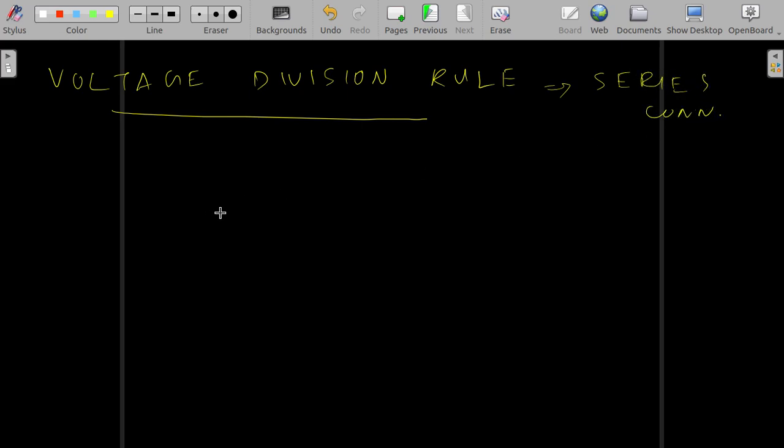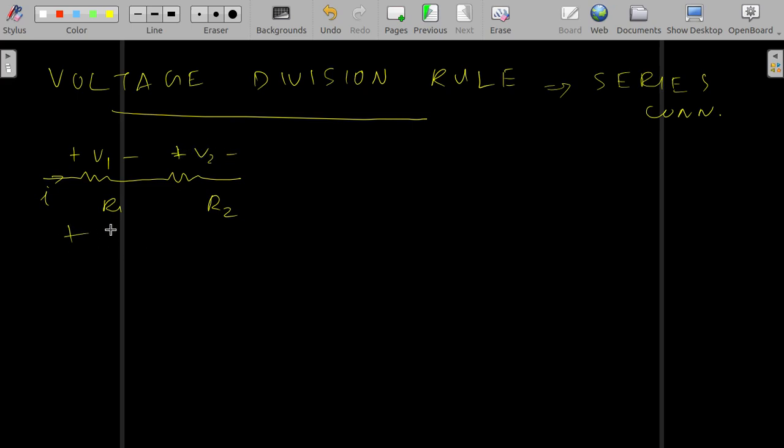Why only series connection? Because for a series connection, current is the same. So let's consider two resistances, R1, R2. We have the same current I, but the voltages are different, V1, V2.